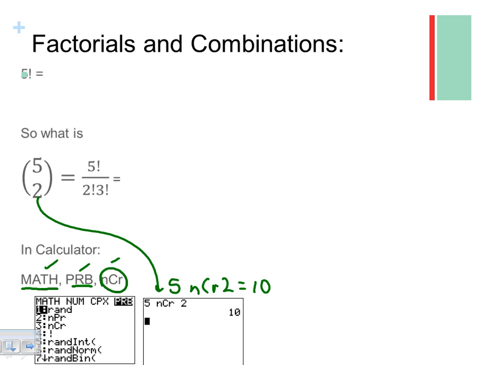We said, if there's 5 things going on with 2 successes, how many different ways can I arrange them? Well, 10 ways. Or you can do it by hand by using your other formula. So you're going to have 5 factorial over 2 factorial times 3 factorial. Let's see, those cancel, the 2 will cancel here, and you're left with 10. Okay?